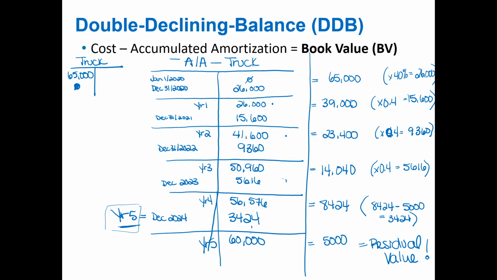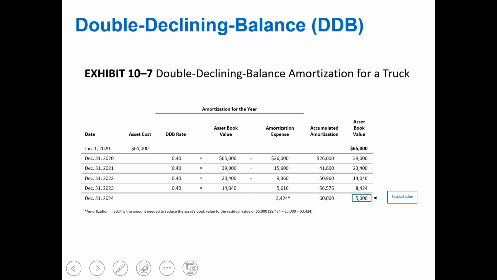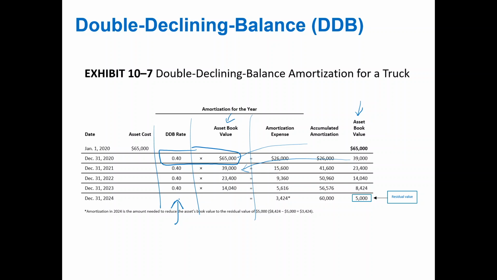Okay, so those are the 3 methods. As I've shown before, the T account is one way, or you can use this chart format for calculating. So here we're taking this rate. They've got the book value in 2 different places so that you can times that by the previous year's book value. That gets you to your amortization expense.